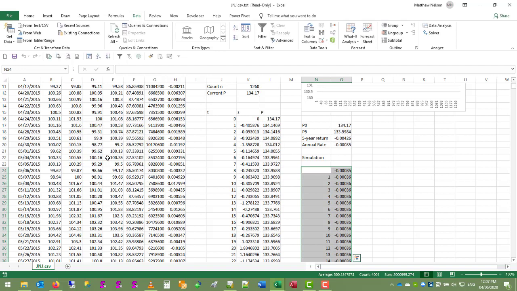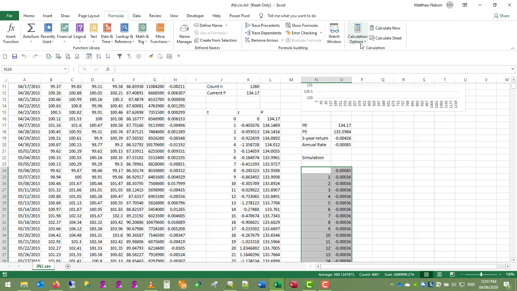Now, to save computer power, I've put my calculation options to automatic except for data tables. So I need to calculate the sheet to actually do the simulation. All right, so now we have a result set of 2,000 projections.